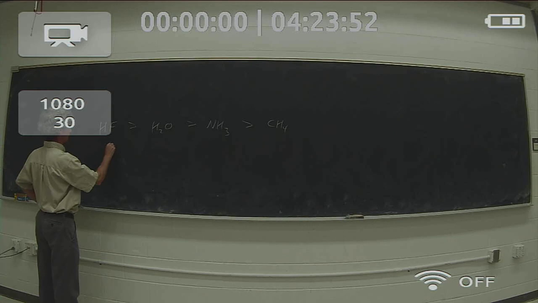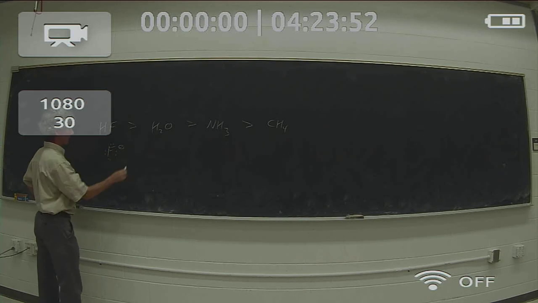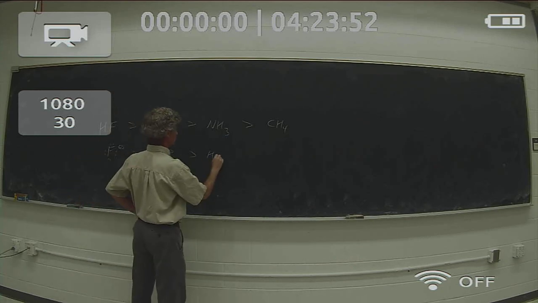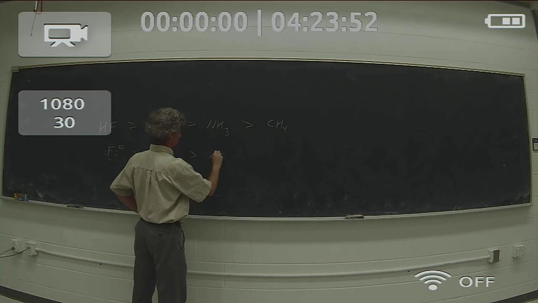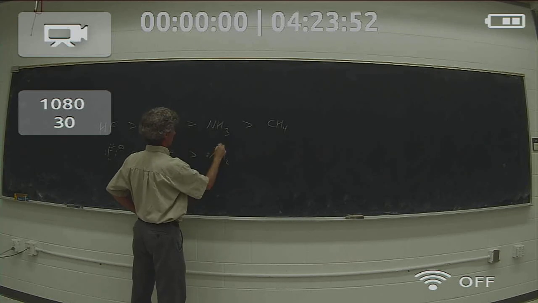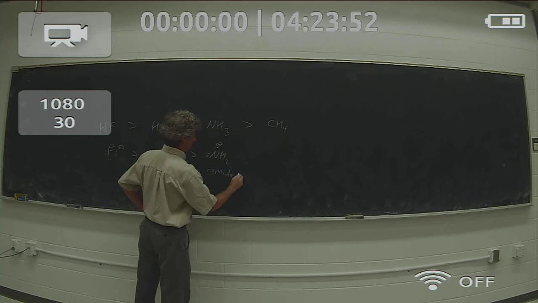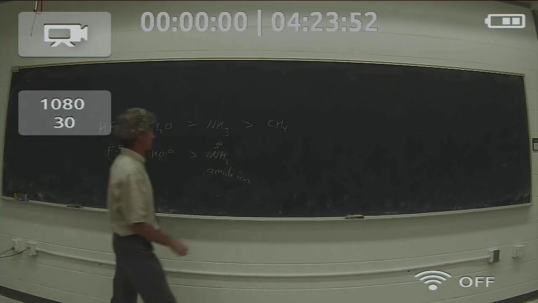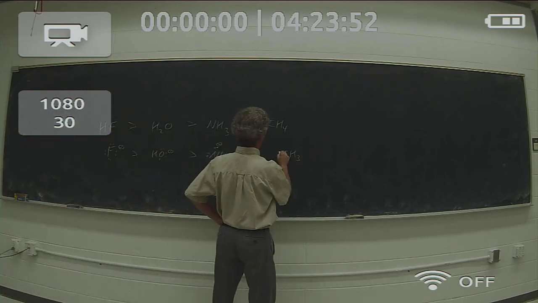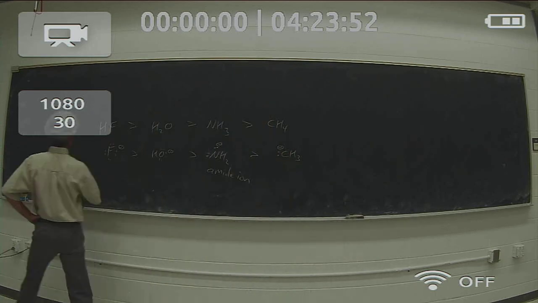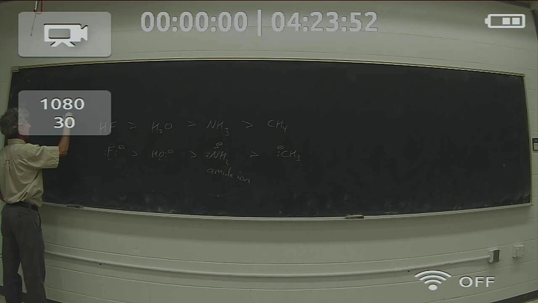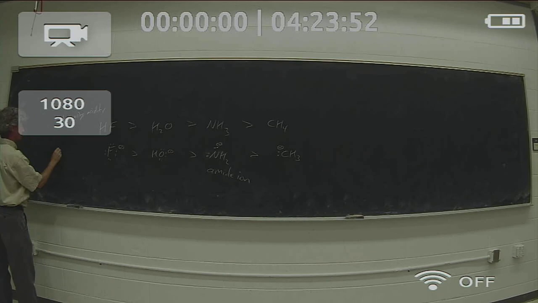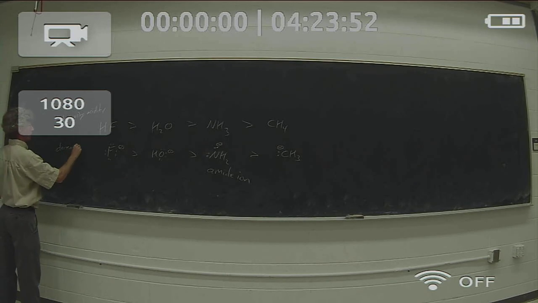So F minus is the more stable anion versus hydroxide, which is a more stable ion than NH2 minus, which is known as the amide ion. Not to be confused with the amide functional group, which is a carbon-oxygen double bond next to a nitrogen. And methyl anion is particularly unstable. So decreasing acidity, decreasing stability of the anion.